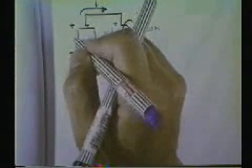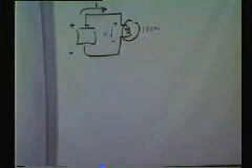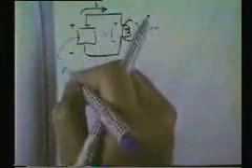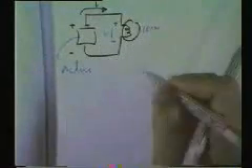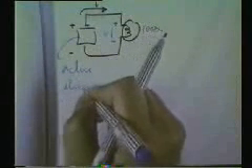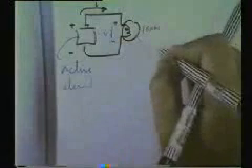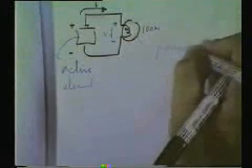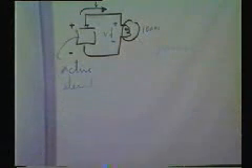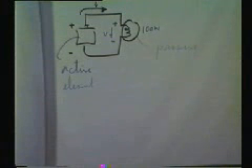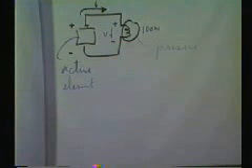And for this one, V and I are in the opposite direction. So be careful. This one is the active element, transmitting the power. This one is passive. So for the passive element, the voltage and current have the same direction. But for the active element, the voltage and current have opposite directions. Be careful.